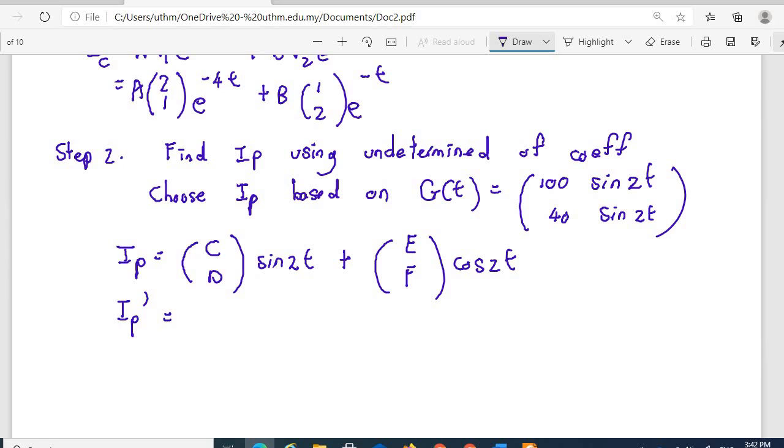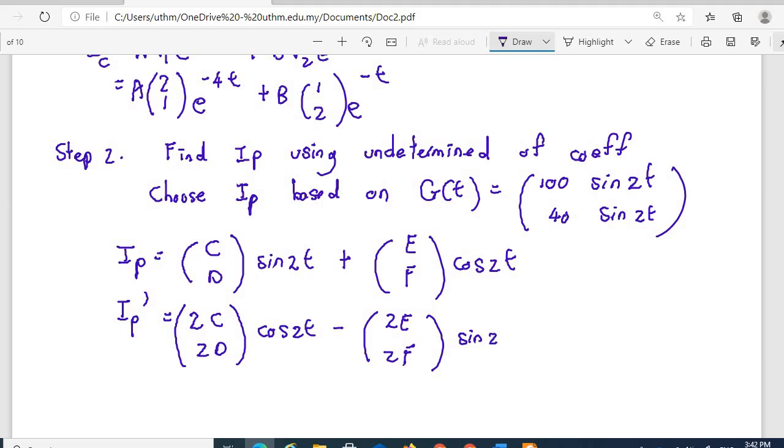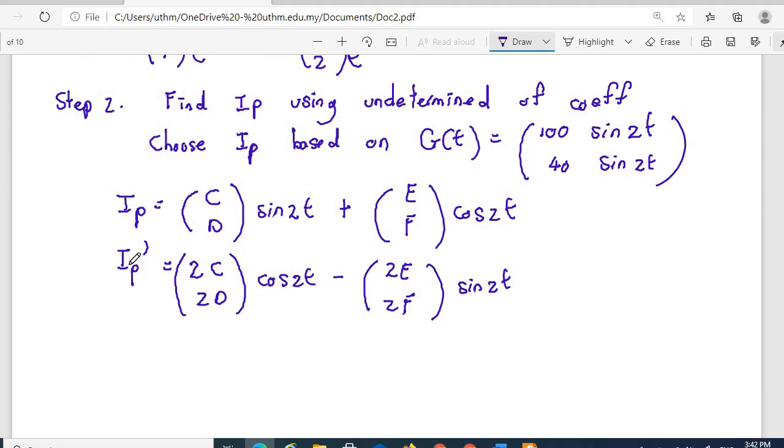Differentiate sin 2t, we got two times, so 2c, 2d, cos 2t. Differentiate cos, we have negative, so negative 2e, 2f, sin 2t. So this is IP prime, this is IP.